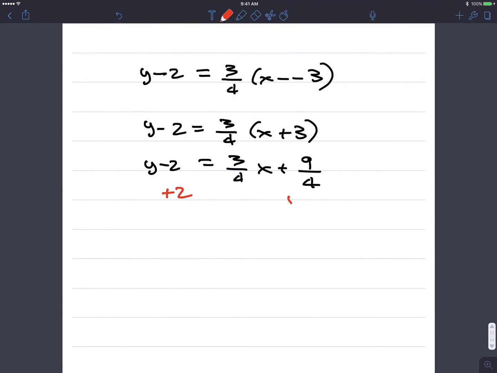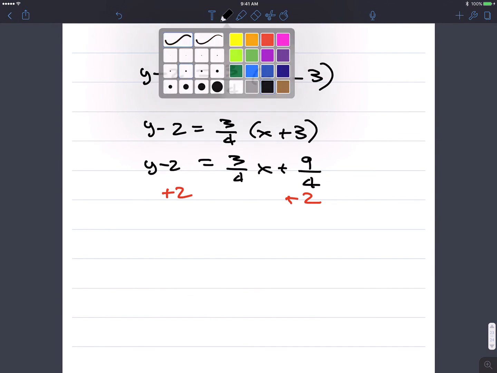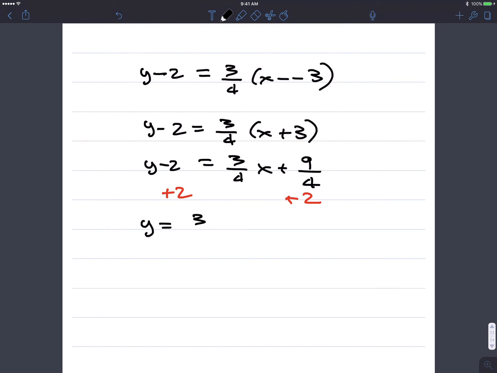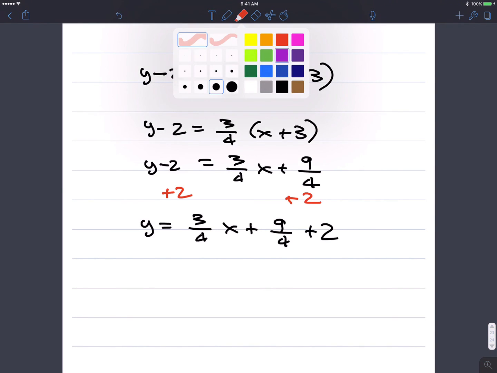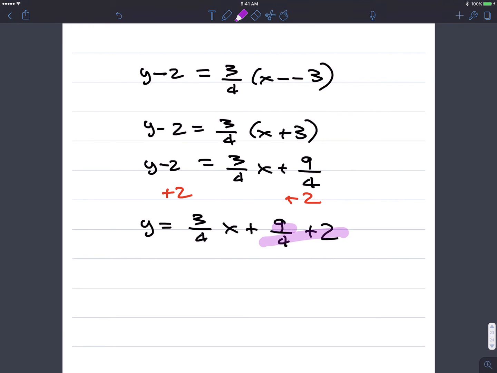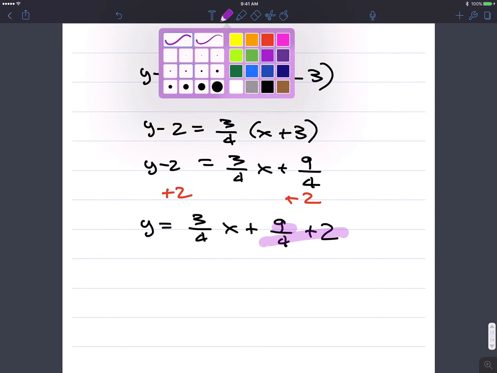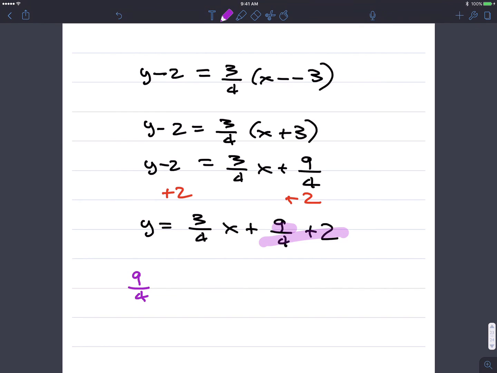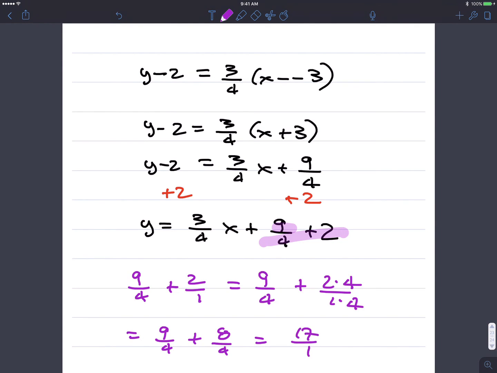We're going to add 2 to both sides. Y is 3/4 x plus 9/4 plus 2. 9/4 plus 2, I'm going to do some work. 9/4 plus 2 over 1. 2 times 4, 1 times 4. 9/4 plus 8/4 is 17/4.